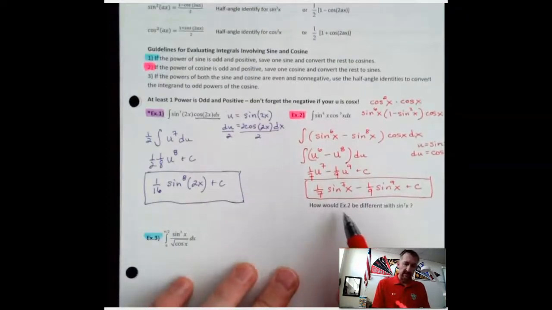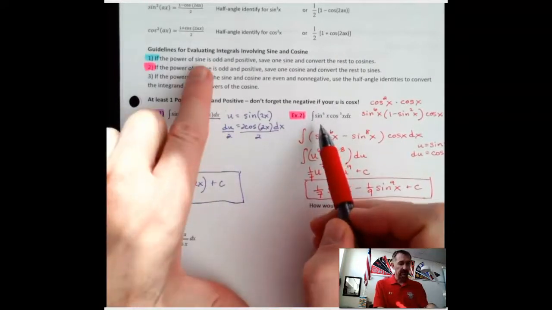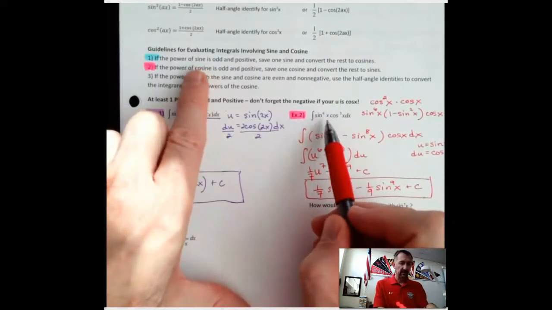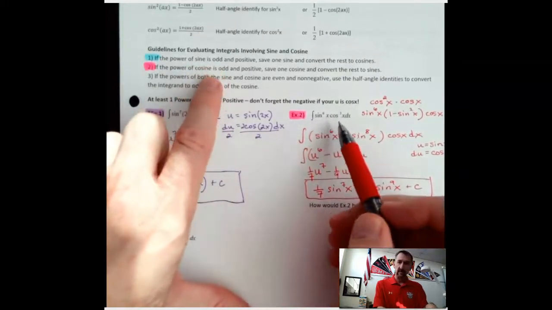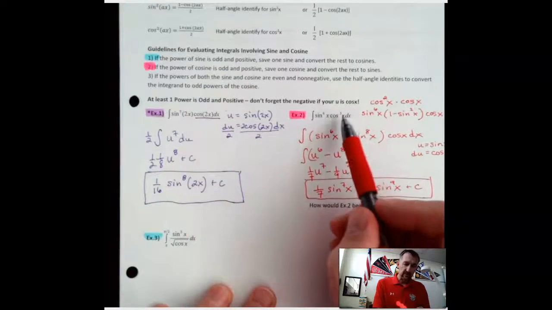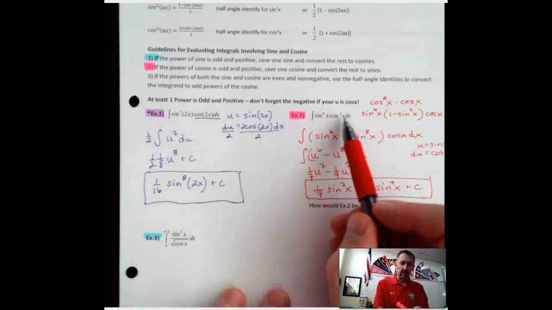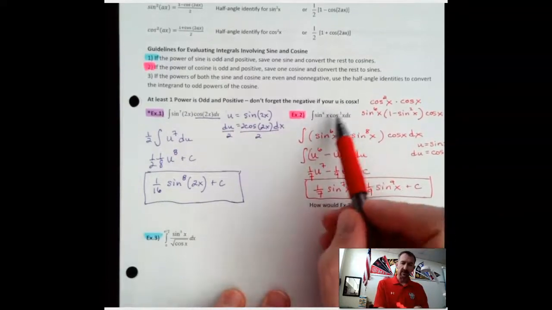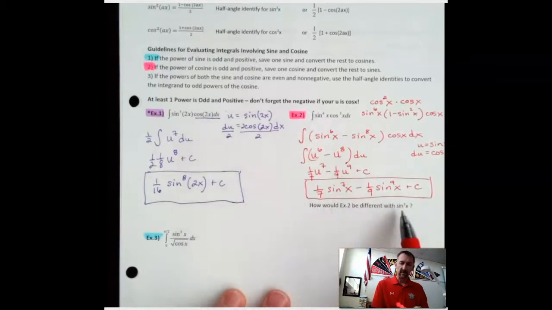So then it asks us, how would example 2 be different if we had sine to the 7th power? So if you look at these two rules, which rule should you use if the sine is odd and the cosine is odd? In that case, what you want to do is focus on the smaller power, probably, especially if it's cubed, because it's going to be easier to break that one down than to break sine to the 7th down.